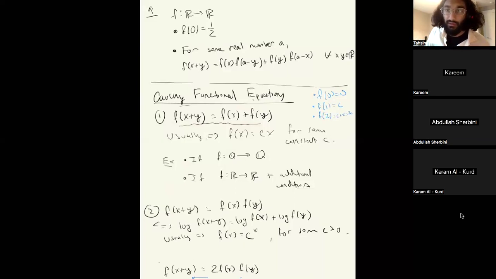Does that make sense? That tells you for the integers. And then what about f of 1 equals f of 1/2 plus f of 1/2? That tells you that f of 1/2 is c over 2. Does that make sense?